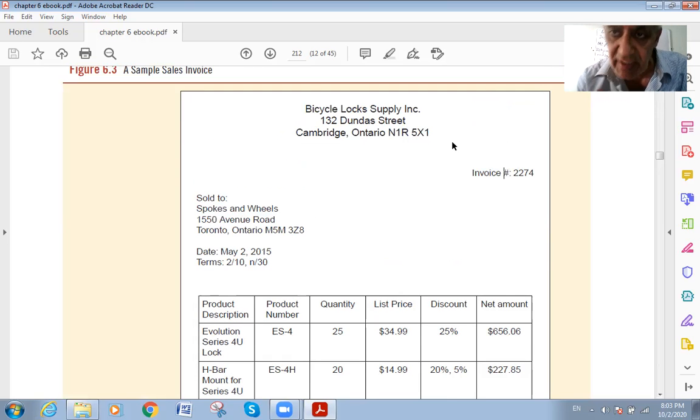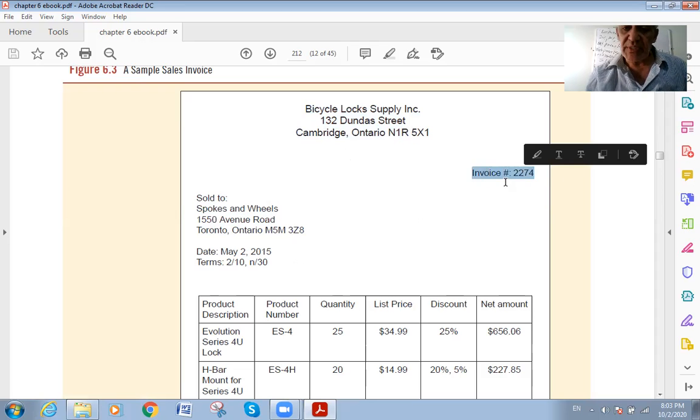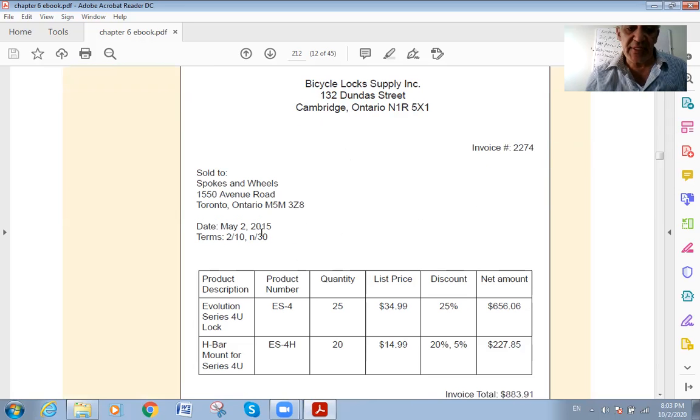The invoice is sent from the seller to the buyer, asking the buyer to pay the amount due. It includes the invoice number, the date as well, and the terms. We will check now the meaning of the terms.